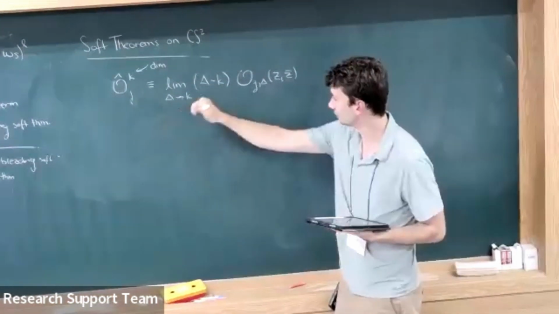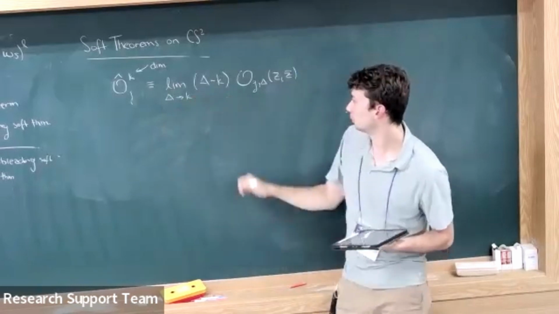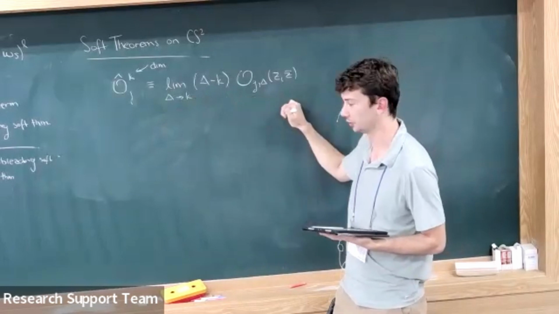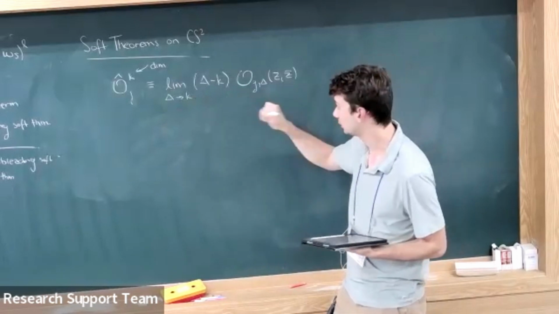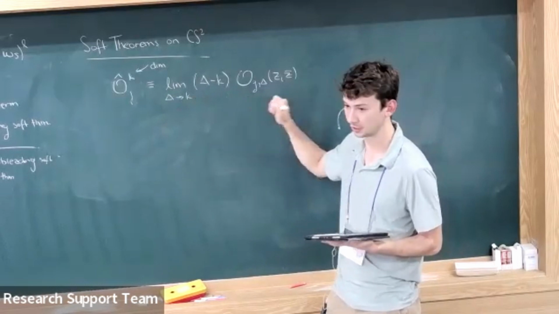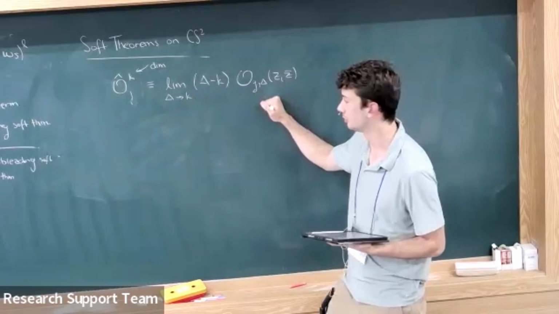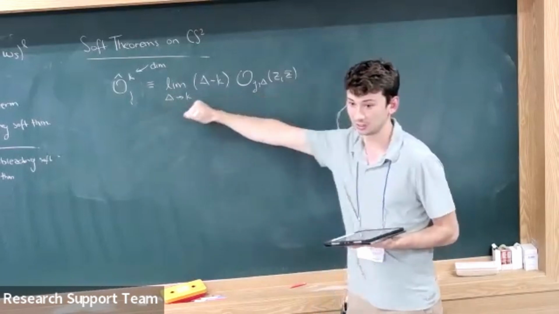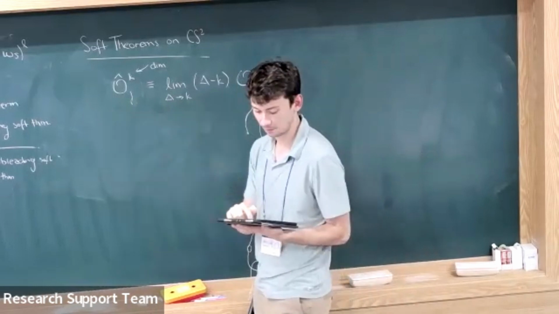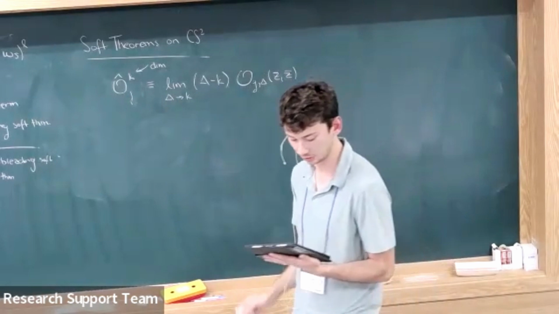Adam, you're taking a limit of something that's going to, this term is going to kill it immediately. Well, it turns out that these conformal primary operators on the celestial sphere are actually singular at specific values of their conformal dimension. And it's precisely the values where their conformal dimension is an integer for the bosons and a half integer for the fermions. So essentially what this limit is doing is extracting the residue of these operators. And these hatted things are the residue, these non-singular parts of the celestial amplitude.